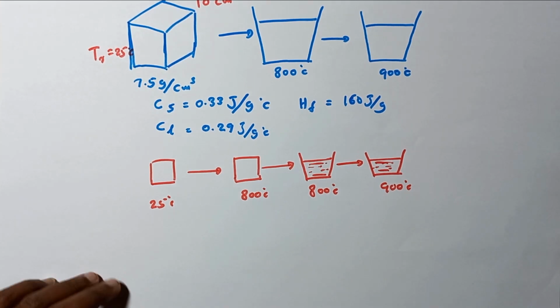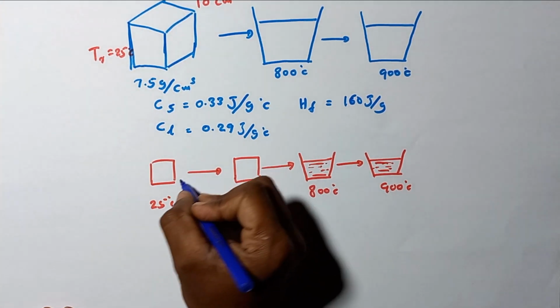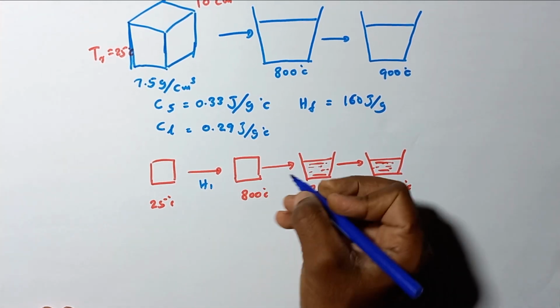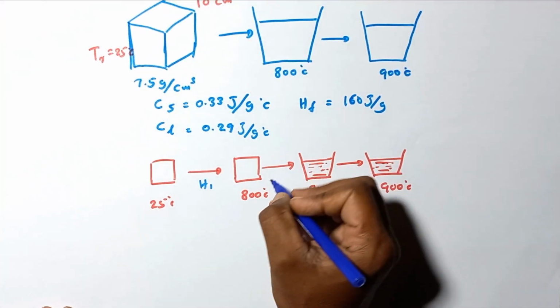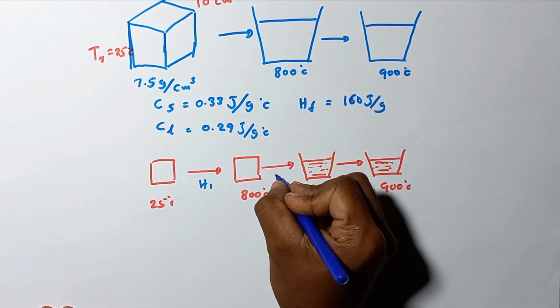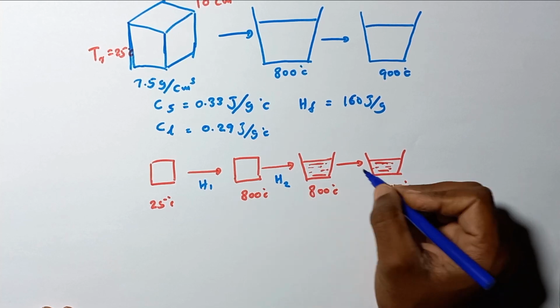Let's see how to calculate this. To take this solid to 800 Celsius, let's call the heat energy required H1. To convert it into a liquid state, to break the molecular structure, let's call the energy needed H2.